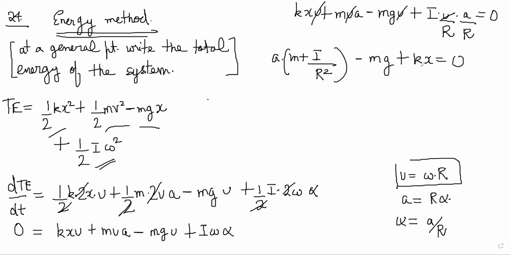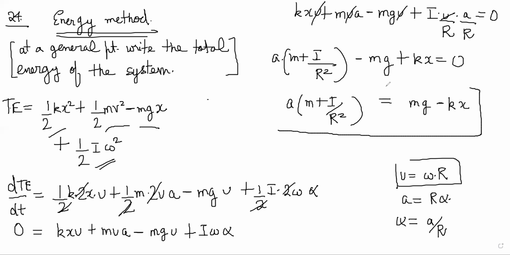This minus mg is slightly annoying. So you're getting A times m plus I by R square is equal to mg minus kx.